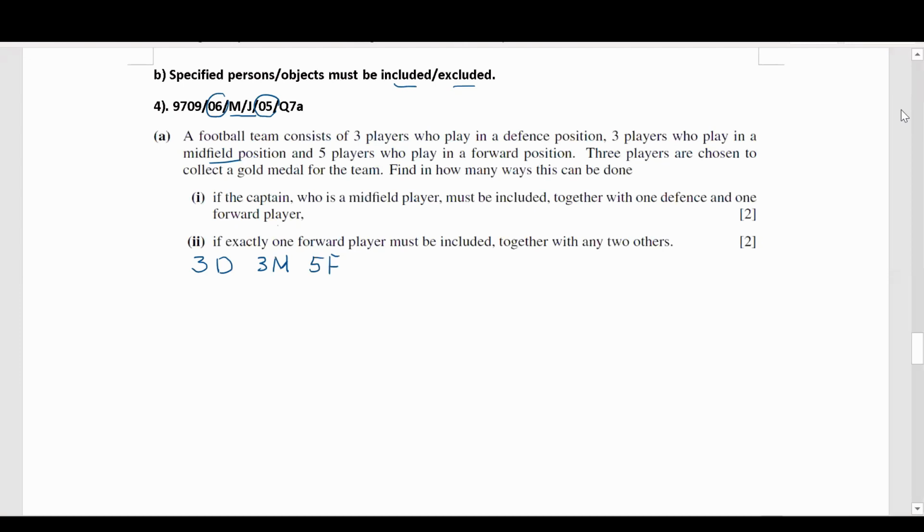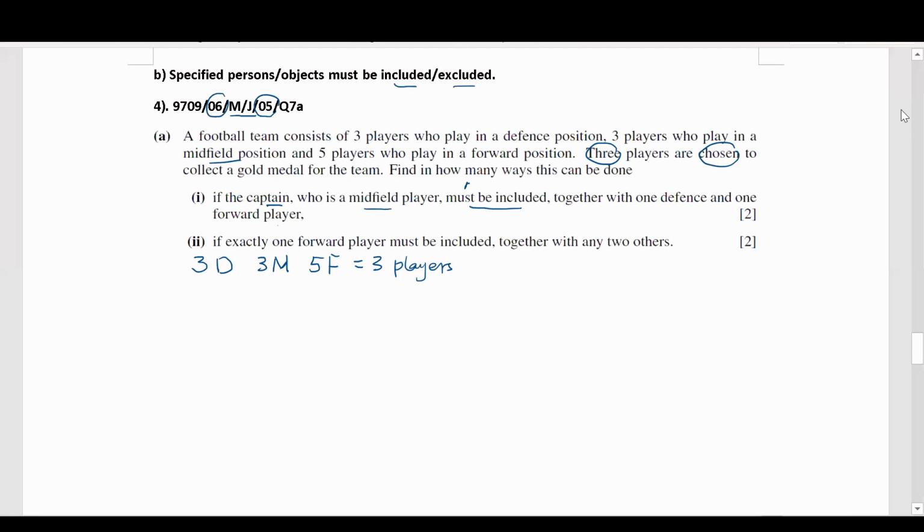So we are going to select 3 players. 3 players are chosen. See, keyword: chosen, to collect a gold medal for the team. Find in how many ways this can be done if the captain, who is a midfield player, must be included.